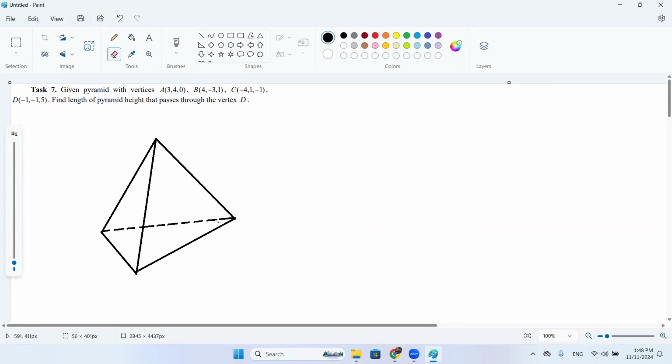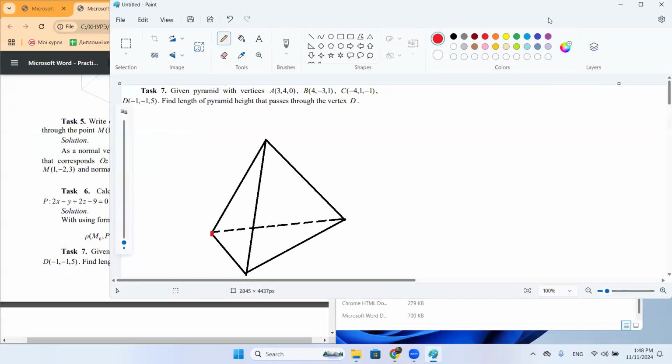Basically, we can solve without drawing, but I believe that it will be more useful for you.